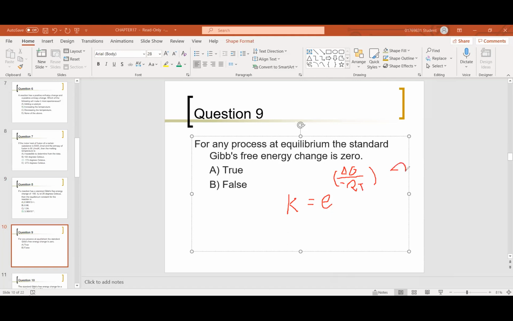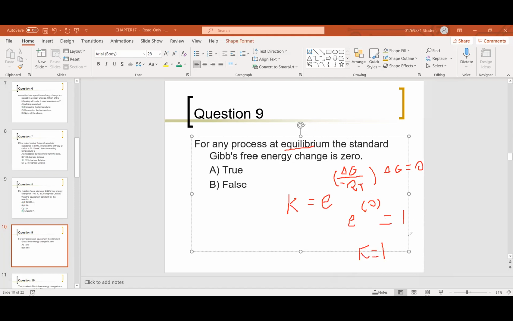If delta G equals 0, right? That means this whole thing becomes 0, and e to the 0 equals 1 always. So for any process at equilibrium, K equals 1, and that means equilibrium.